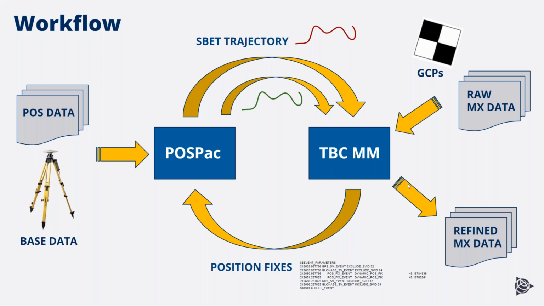We can export the data to Trimble MX or Topo DOT or whatever. So basically, compared to the usual workflow, we are just doing another loop between TBC and PostBack, another iteration of the trajectory calculation. Hopefully that's somewhat clear. You will see this in the hands-on part in more detail as well.